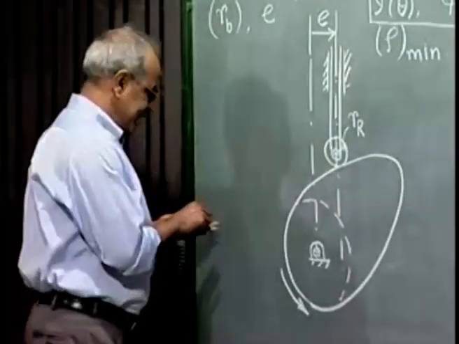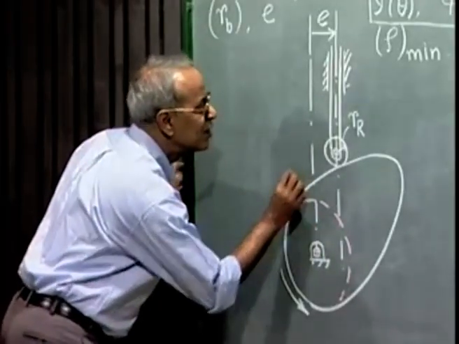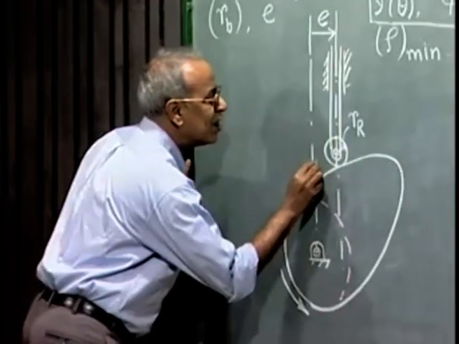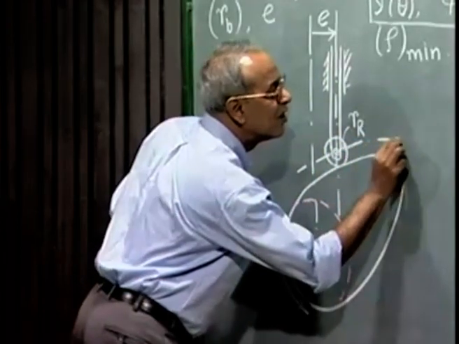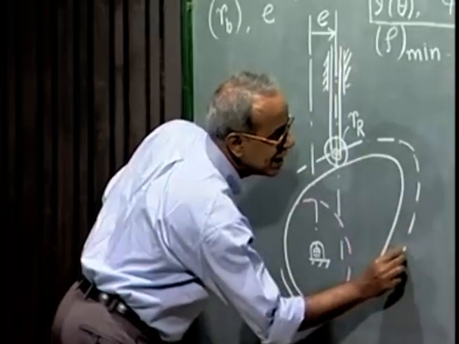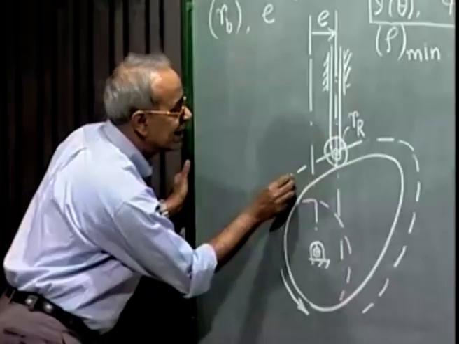So if this is the base circle radius, then if we drew the pitch curve, which is a curve parallel to the cam profile, the distance between them everywhere is the roller radius.